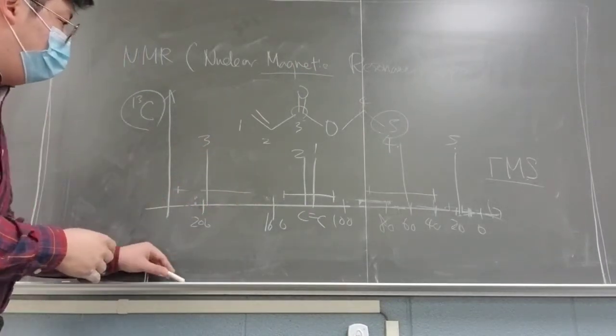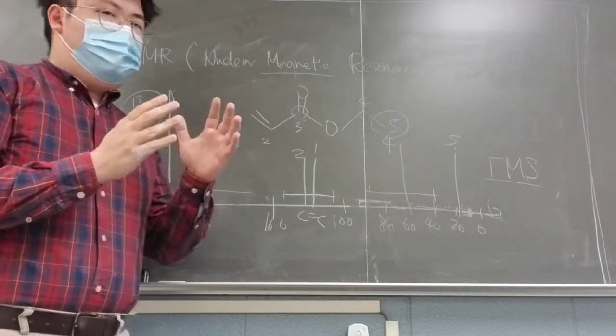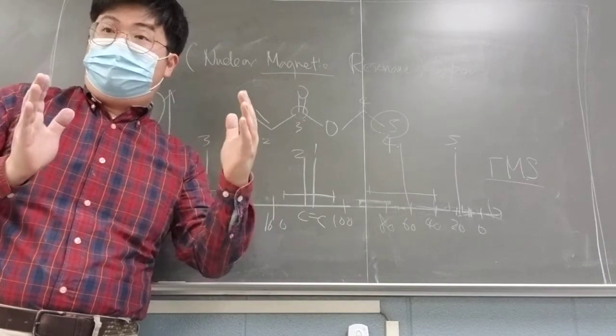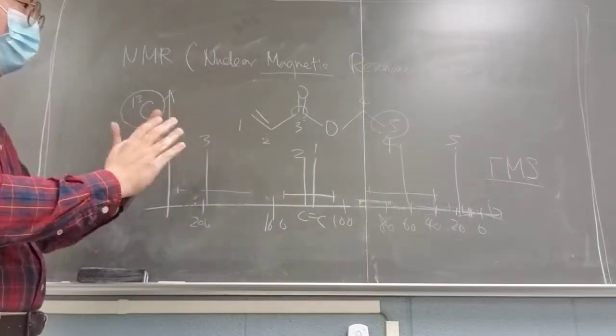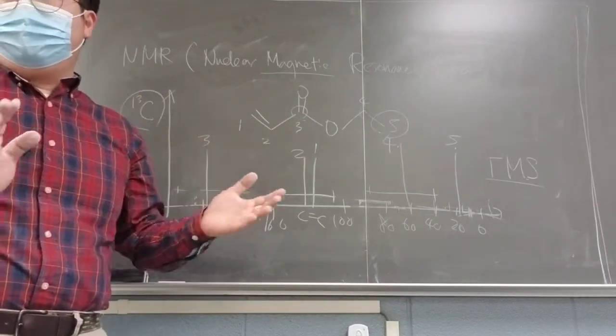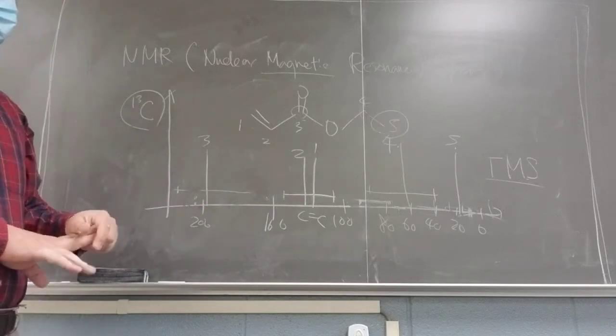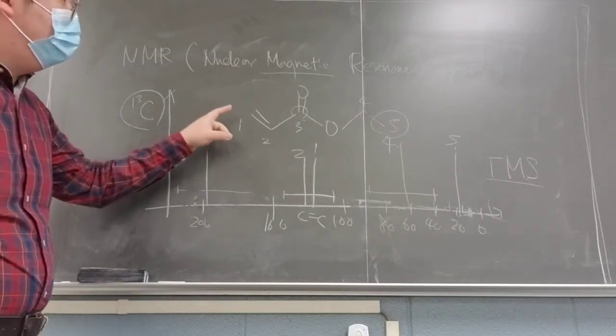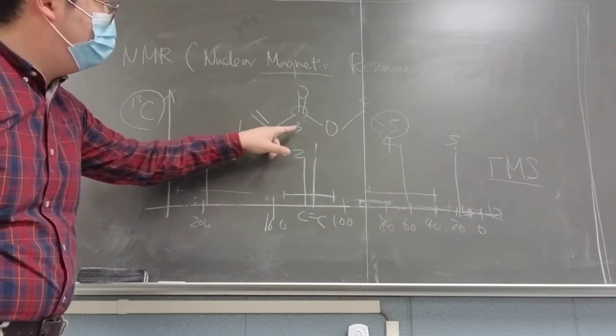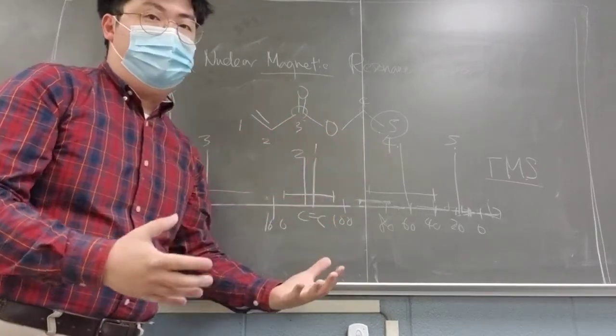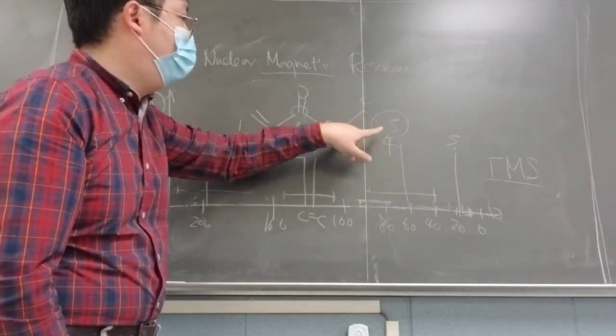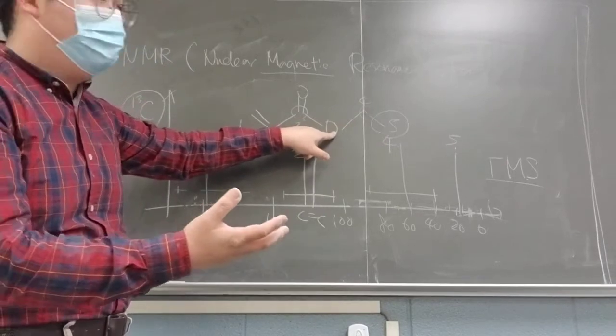So if you look at the NMR peaks, and if you somehow remember where those peaks should be, it's a very easy game now. You can see all those individual carbons are in different environments. This one is internal, but also single-bonded to the oxygen.